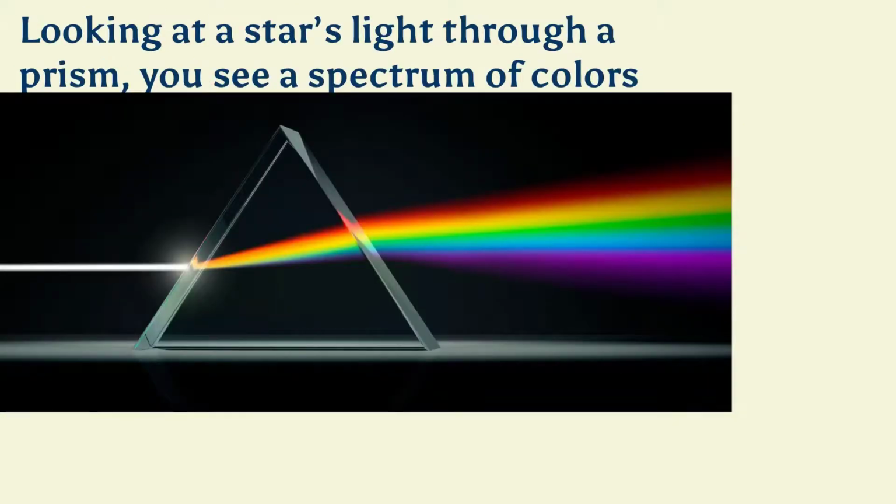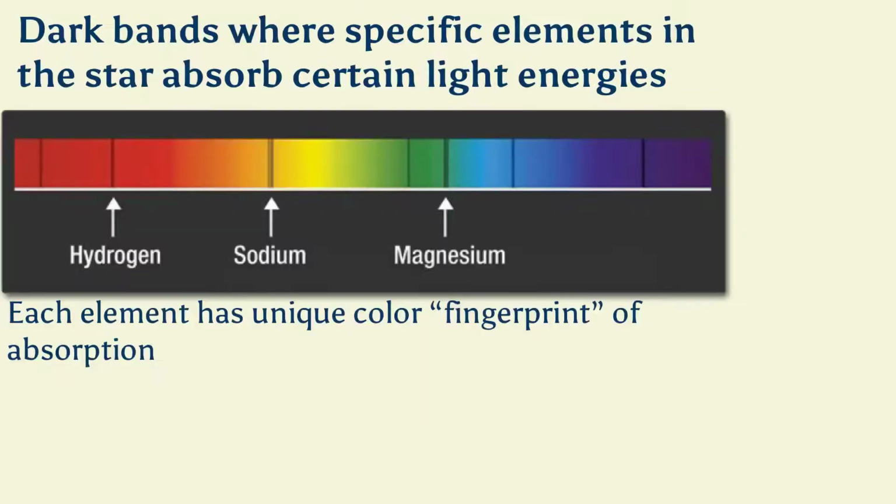If you were to look at a star's light through a prism, you would see a spectrum, or a range of colors through the rainbow. Again, remember that each color is the result of different energy wavelengths. If you change the wavelength, you change the color. The spectrum also has some dark bands, where specific elements in the star absorb certain light wavelengths.